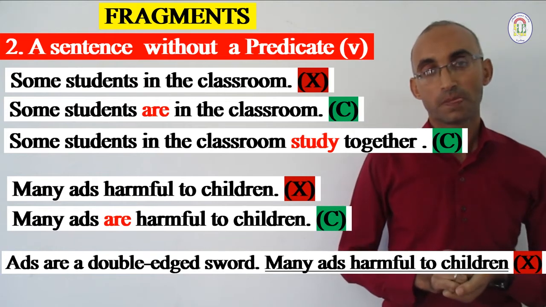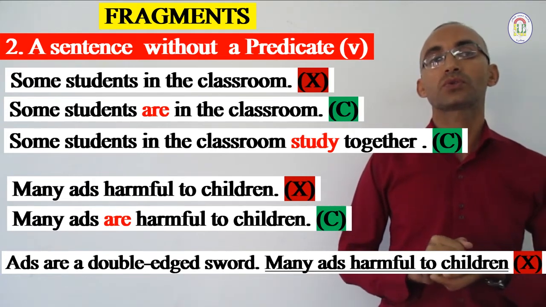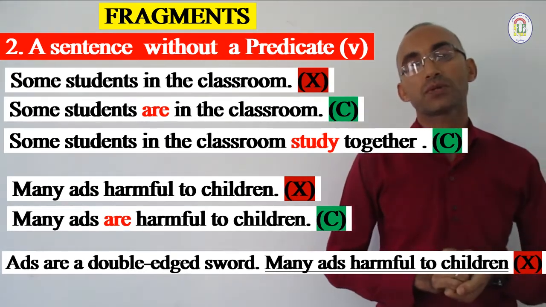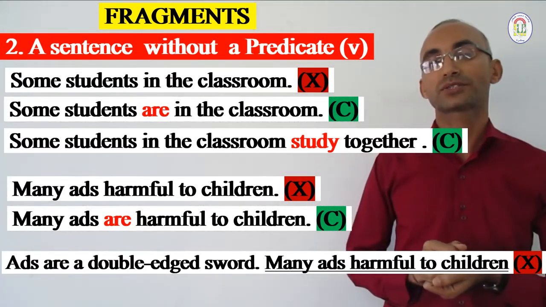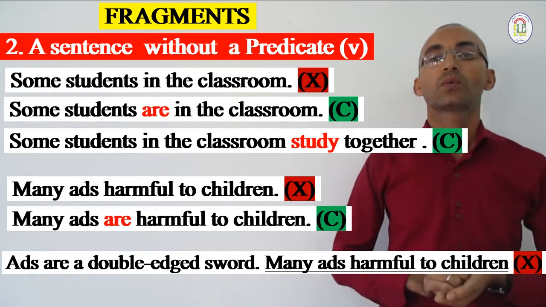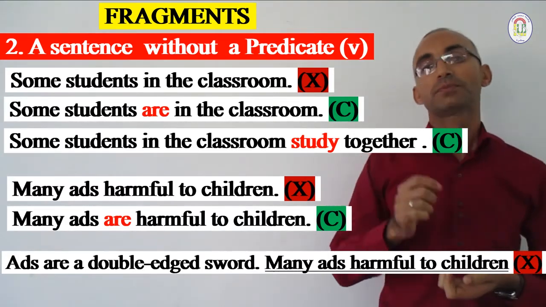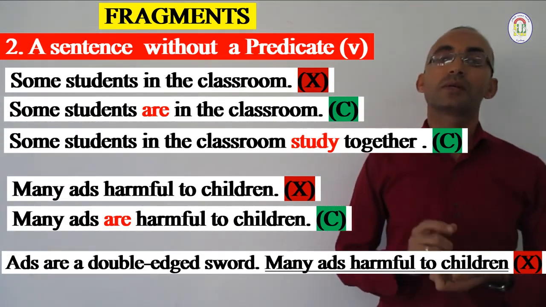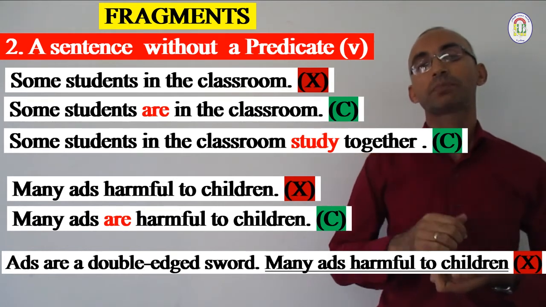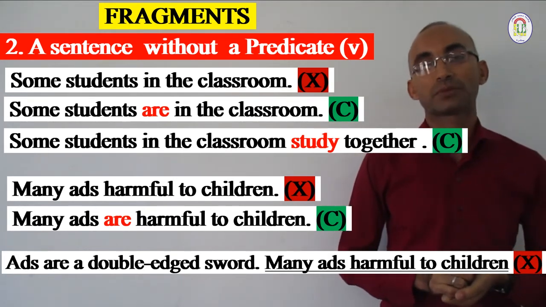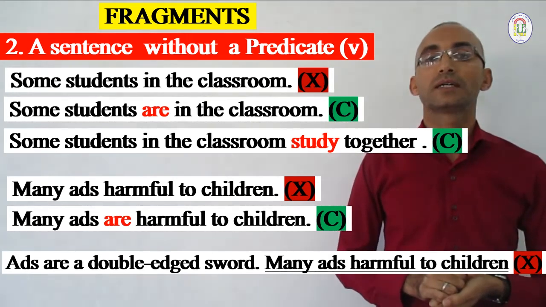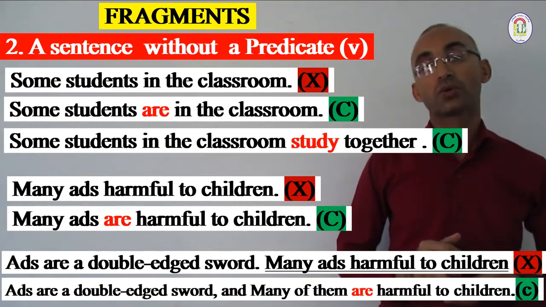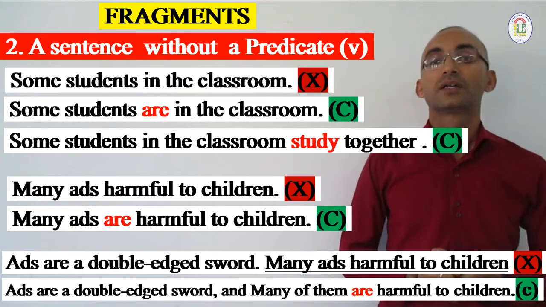Many ads harmful to children." So here, the second part is a fragment without a verb. We need to add to it a verb, or many other words also, to make our sentence complete and coherent, not a fragment. We can say here, "Ads are a double-edged sword."